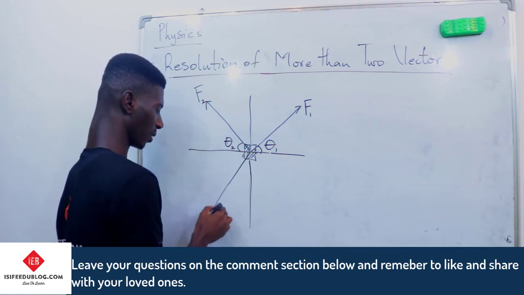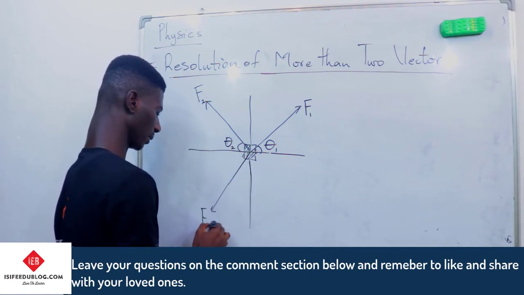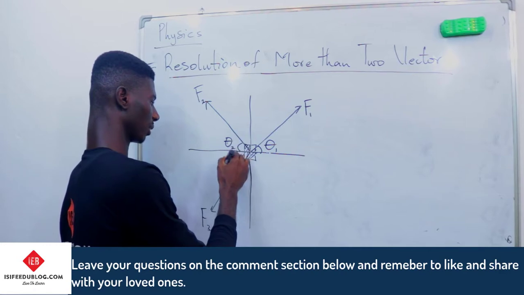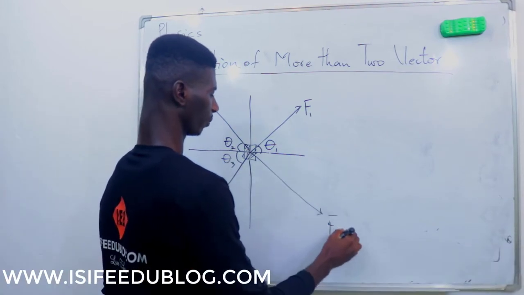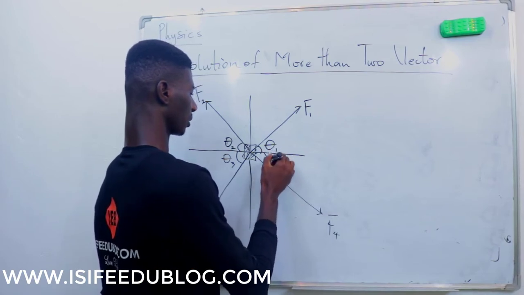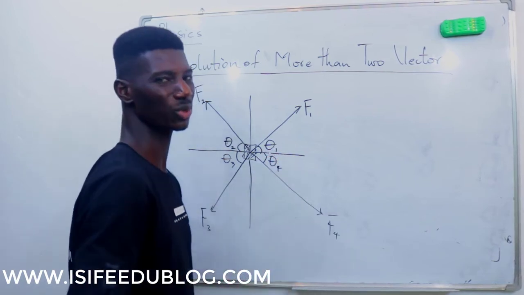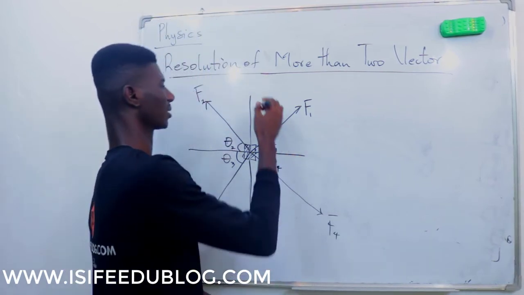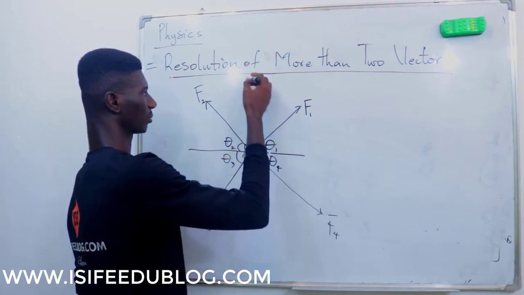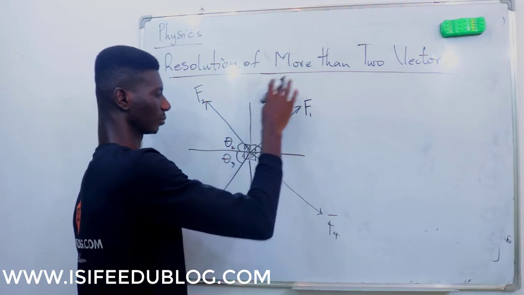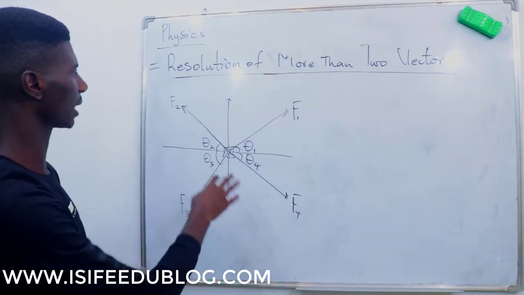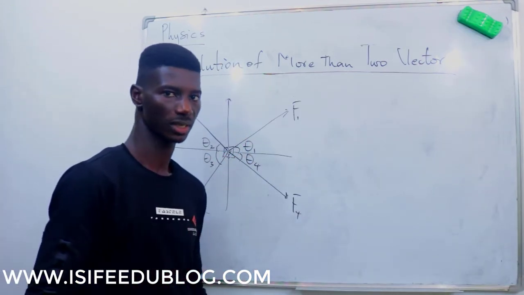We have another force, F3, making a direction θ3. We have another force, F4, making a direction θ4. It can be so many forces. If you watch this diagram very well, we're making use of 4 forces.